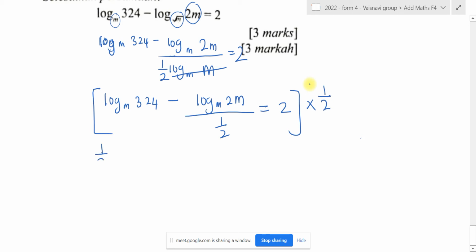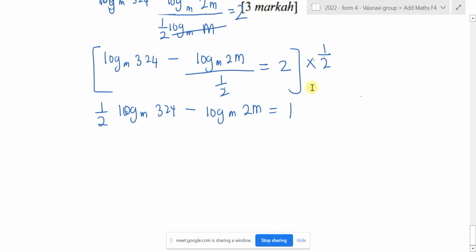So you're getting 1 over 2 log m 324 minus, this 1 over 2 and 1 over 2 cancel, log m 2m equals to 2 times 1 over 2 is 1. And then this 324, this 1 over 2 comes here first.